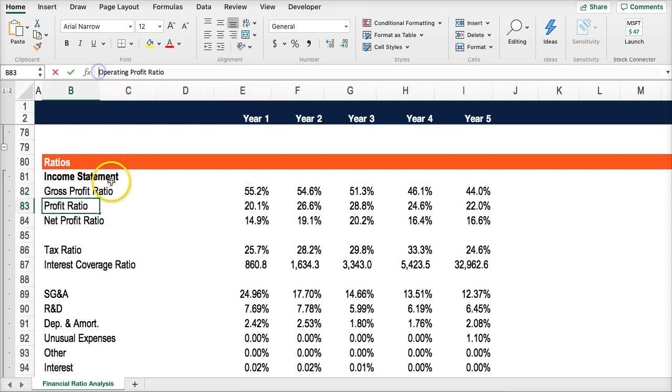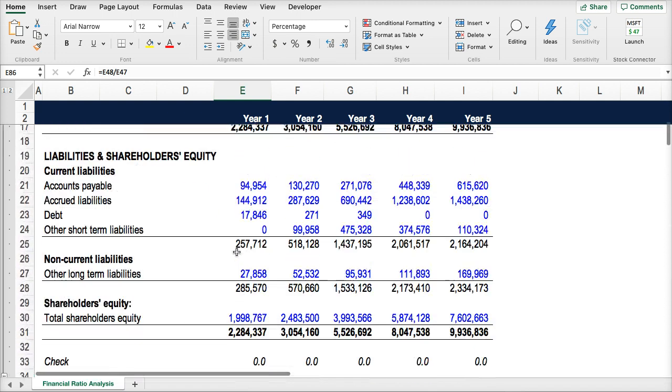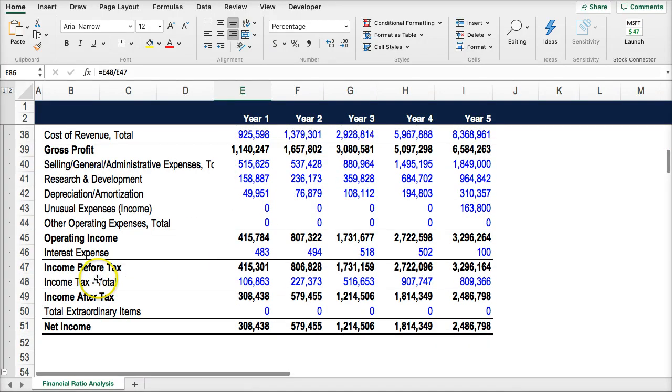So for example, this is sometimes known as EBIT, or operating profit ratio, net profit ratio. We have a tax ratio. Some of these ratios are extra, I put in that aren't covered in the book, but this will tell us how much we pay in taxes in relationship, if we go up to E48, total taxes in relationship to the income before income taxes.